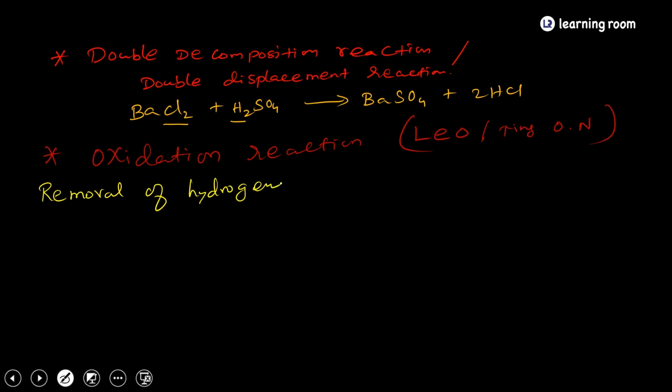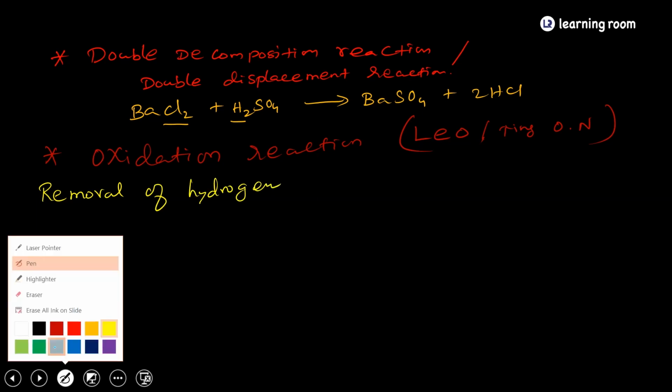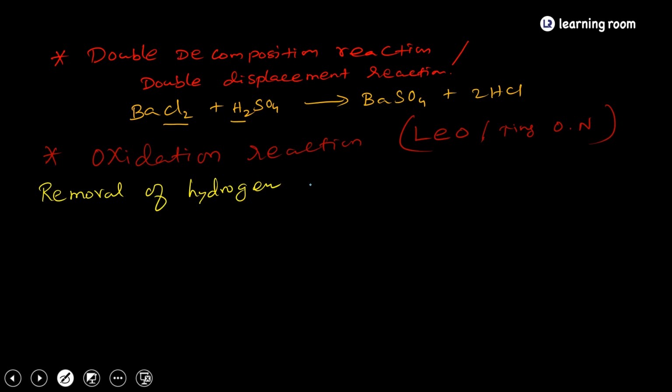For example, chlorine gas reacts with hydrogen sulfide to give 2HCl plus sulfur. Look here, S2 minus, here S0. Here Cl2 is 0, here it becomes -1. So when you remove hydrogen from the sulfur, it gets oxidized. So it is called oxidation.